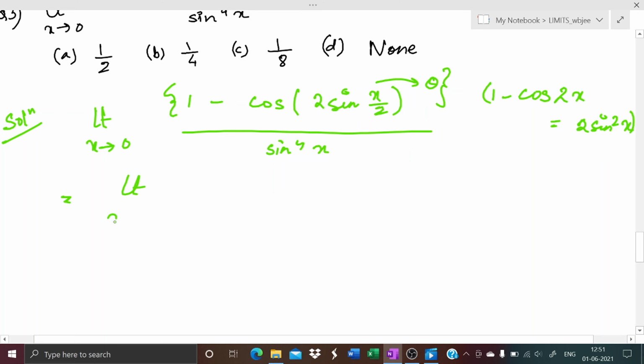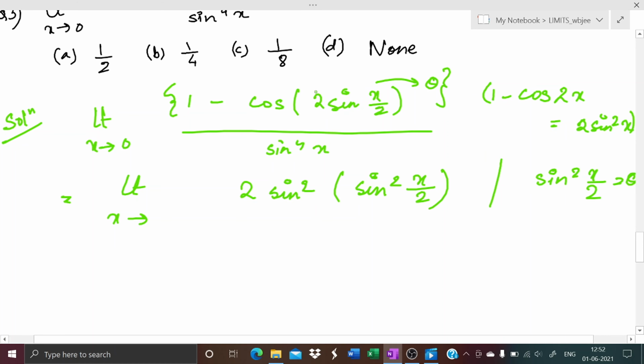So I can write this as 2 sine square theta by 2, that is sine square x by 2, because this is theta. If I take sine square x by 2 as theta, then 1 minus cos 2 theta can be written as 2 sine square theta. Now in the denominator you have sine to the power 4x.